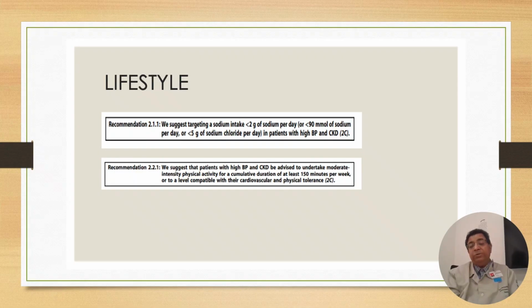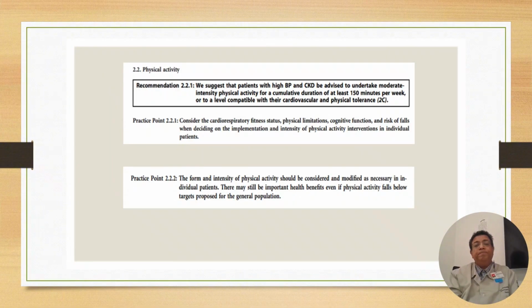And moderate intensity physical activity is very important to achieve long-term blood pressure control. Again, moderate intensity physical activity is very important, at least 150 minutes per week, or to a level compatible with cardiovascular and physical tolerance.